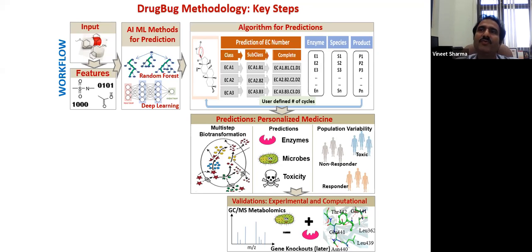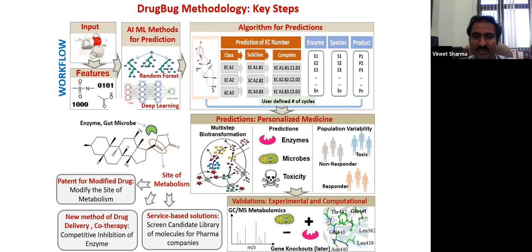After that, we use molecular similarity, the Tanimoto coefficient and KNN approaches, to find the exact enzyme which is doing its job. And then we map it back to what possible microbes contain this enzyme, and all the reactions that are possible for that enzyme. This way we could see how that enzyme-microbe combination is leading to this promiscuous metabolism.